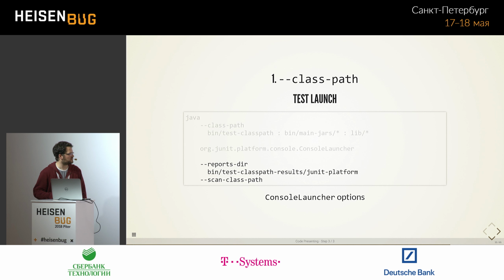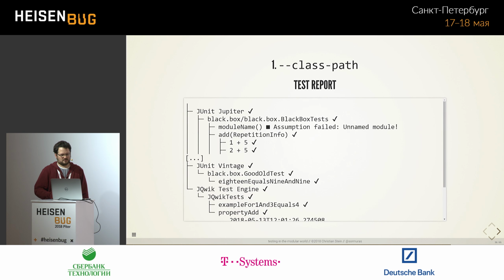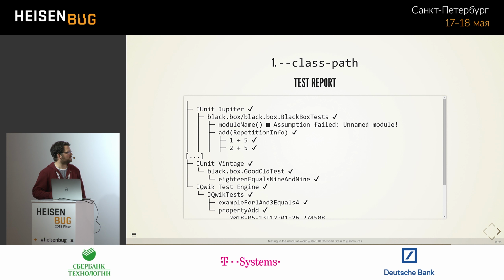It needs some options where to put the reports to, and it should scan the class path for tests. Okay, now we have a report on the console, and we see a snippet of it. We see three test engines we're executing, and it looks very good. And the parts I left out, there are only passing tests, but one single test did fail.